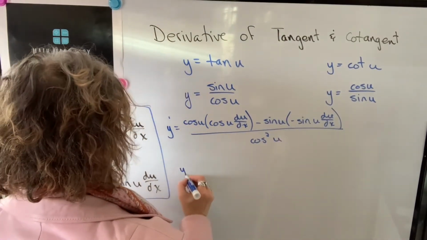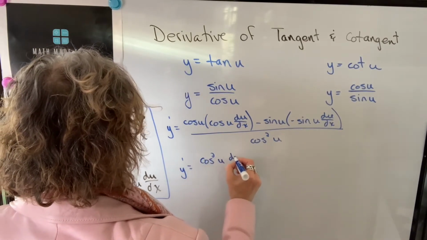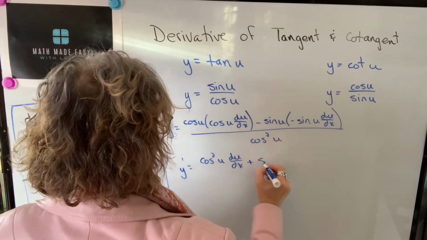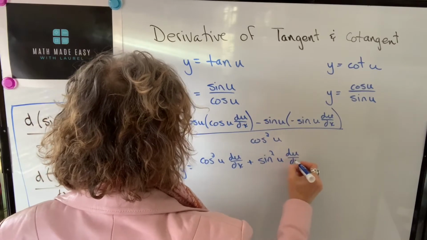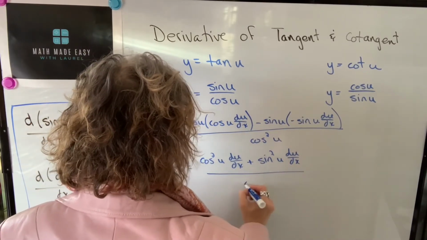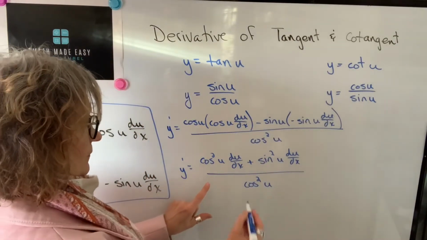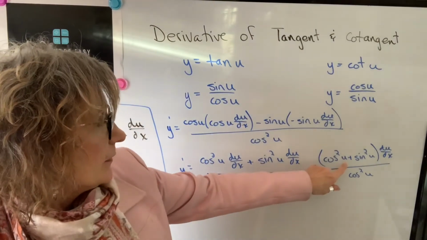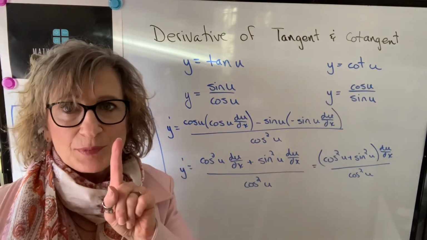Then when I simplify this, I would get cos squared u times du dx. That becomes plus sine squared u du dx, and my denominator stays the same. Then what I could do is factor out a du dx in the numerator, and my Pythagorean theorem allows me to simplify cos squared u plus sine squared u is simply 1.